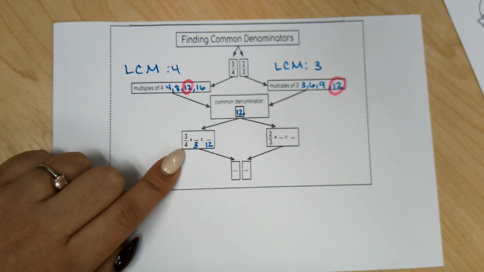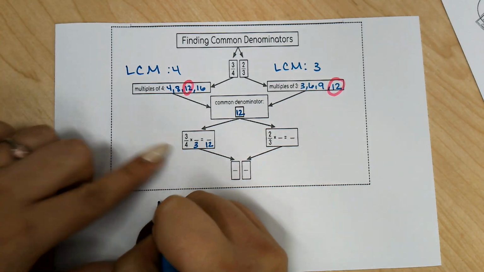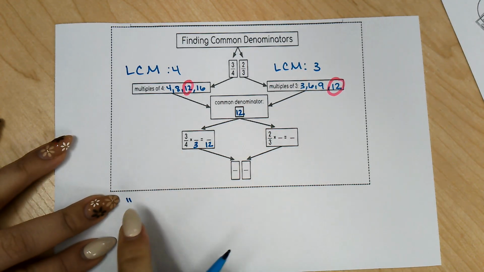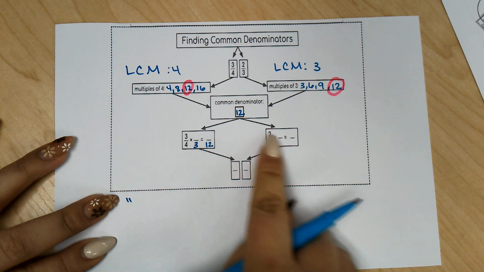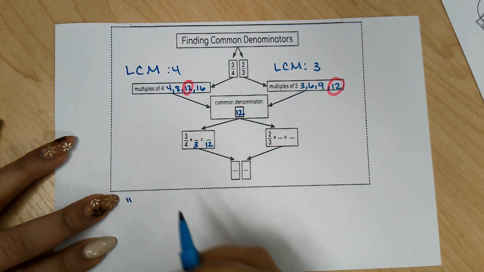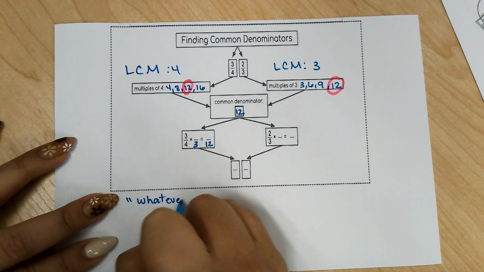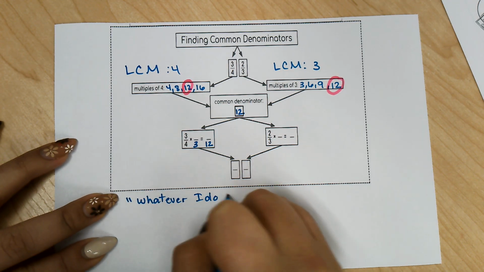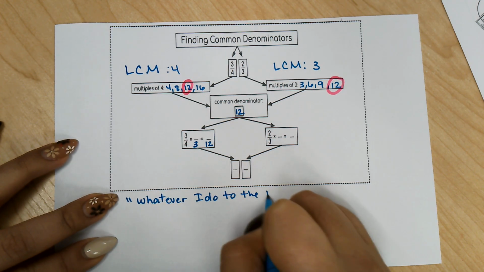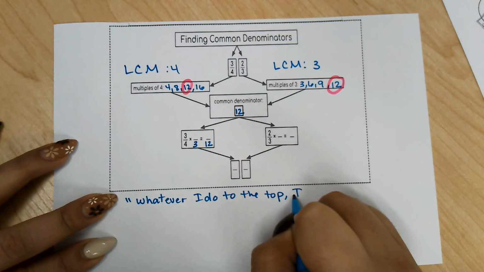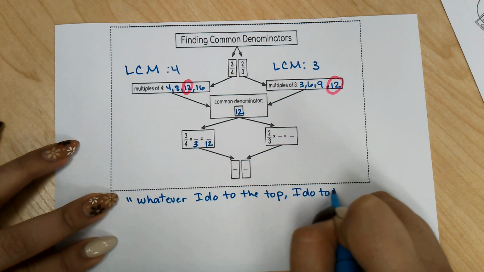Now, this is the important part, and I need you guys to write this down. This is what we're going to say in this part when we're multiplying. Whatever I do to the top, I do to the bottom.